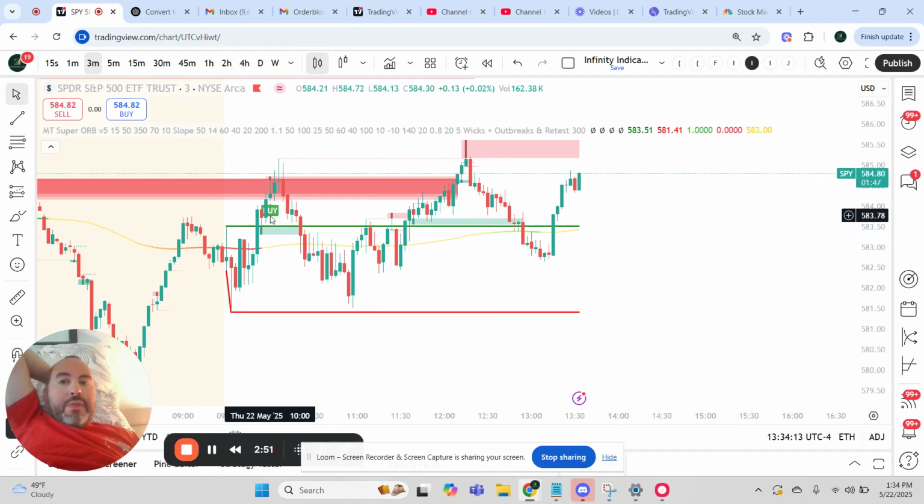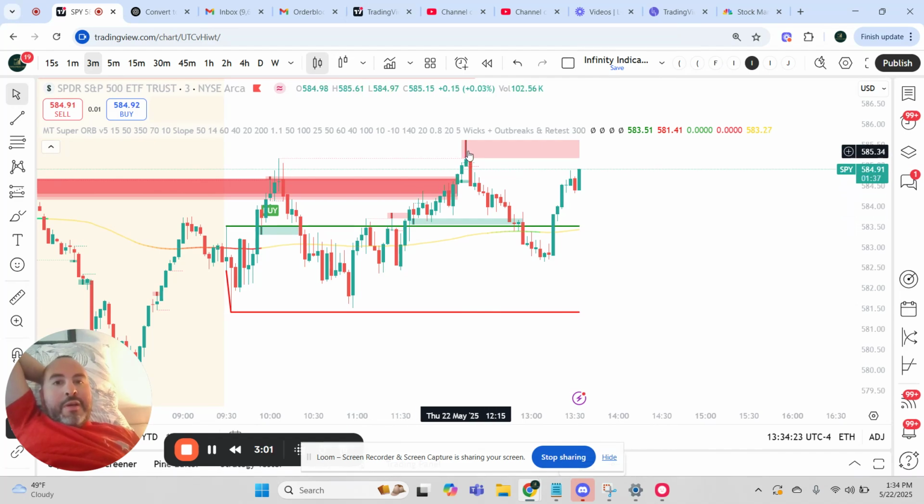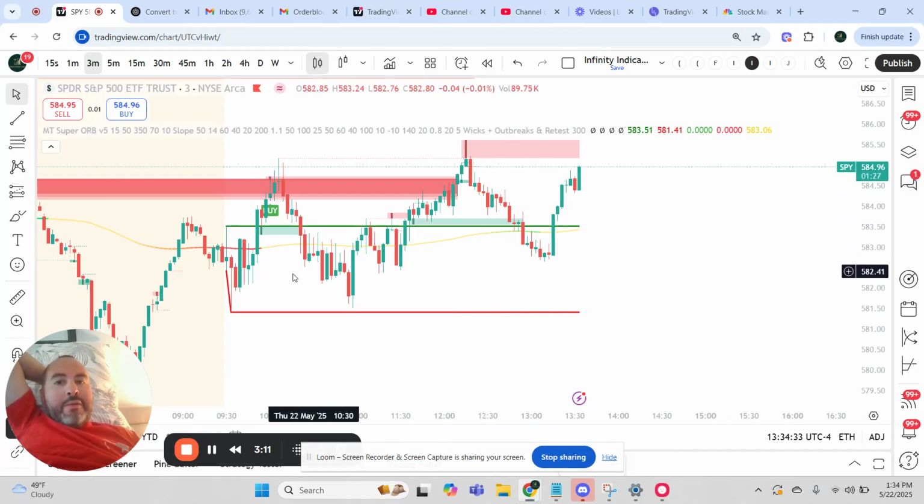So we got the buy signal, but we were at resistance, all right? We came back down and then we pushed higher. And you can see here, we hit this sell side. We got some sell side liquidity here, aka resistance, and we came back down. Okay, we're just sideways.